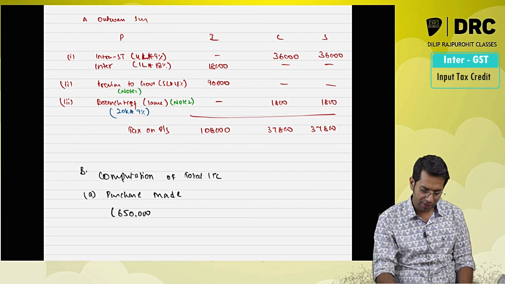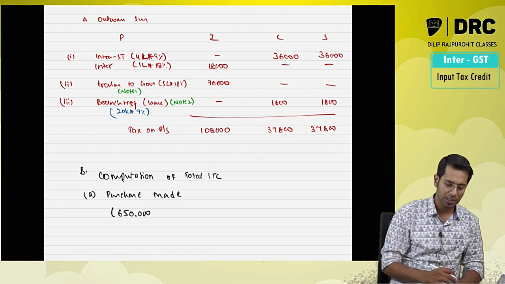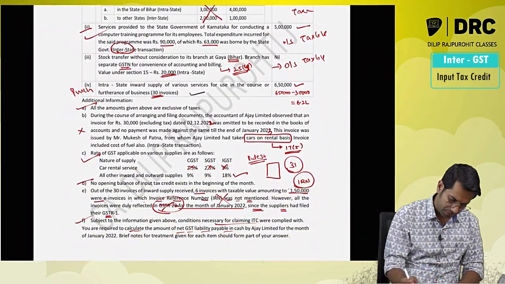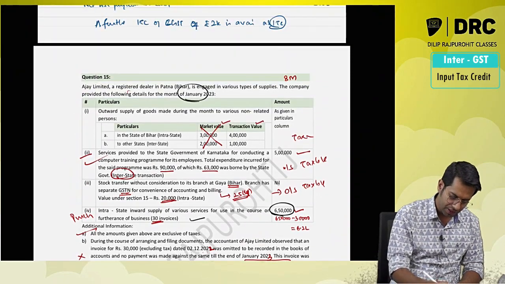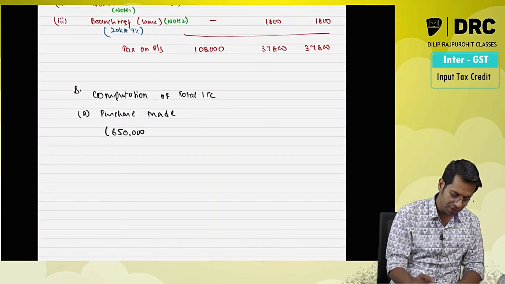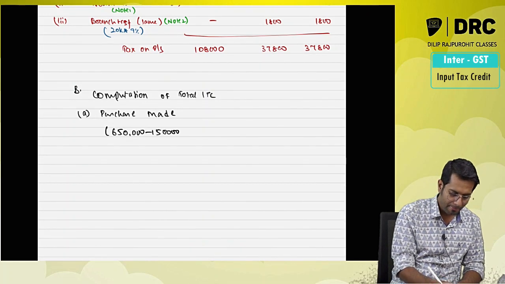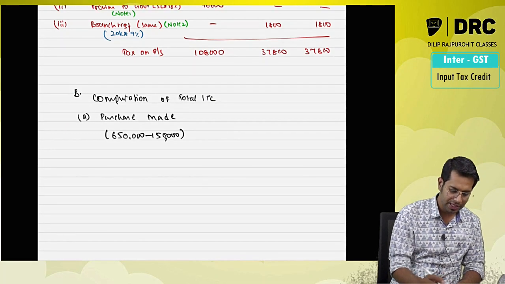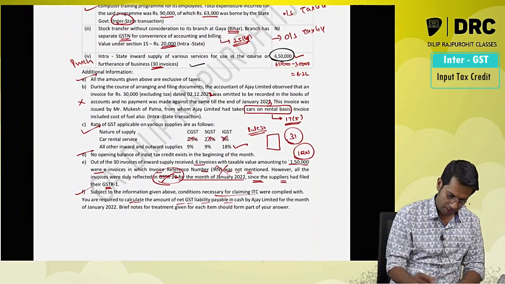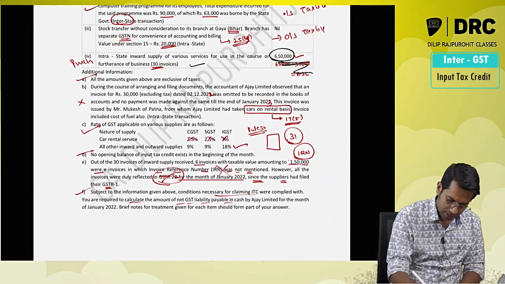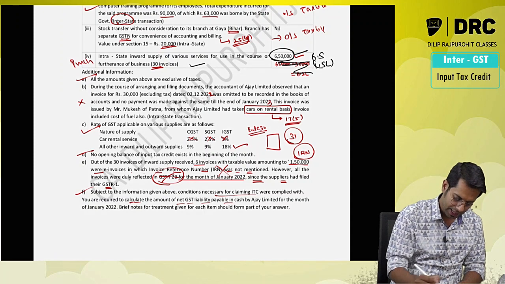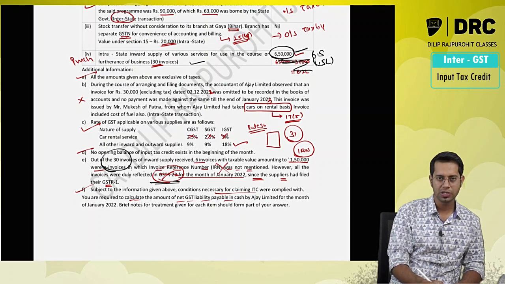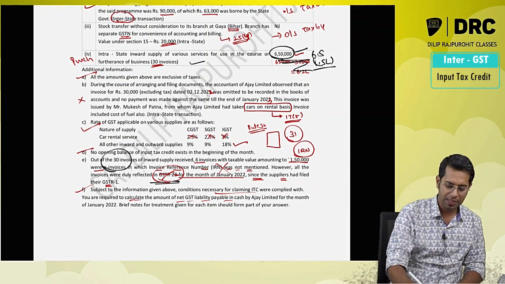See it carefully, whatever I am doing over here. From this 6,50,000, which is the purchases for the month of January, 1.5 lakhs e-invoices which are there, for those invoices the reference number is not available.